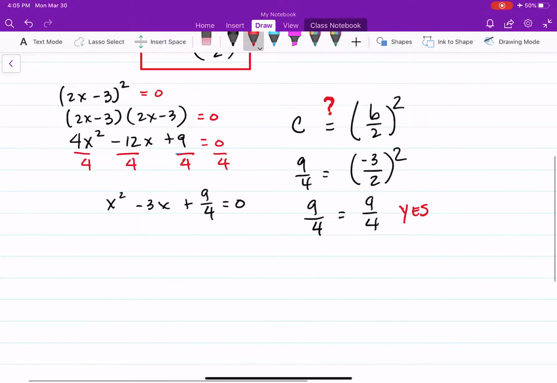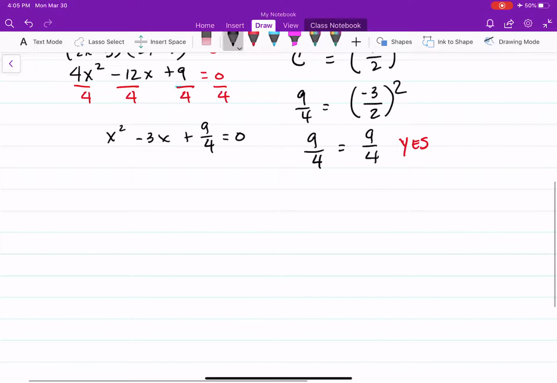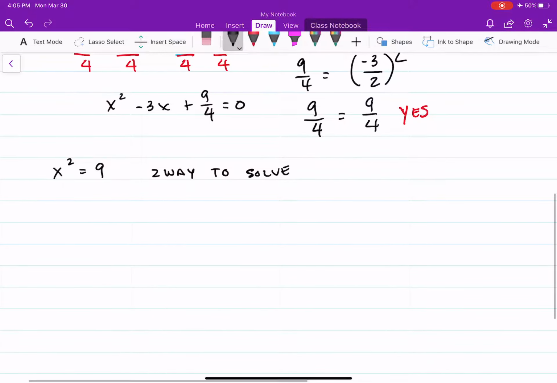The other part that I want to bring up is that if we have x squared equals 9, there are two ways of solving this. One way is that I would take the square root of both sides. However, anytime I take the square root of both sides, I have to put down plus and minus, a positive and a negative.